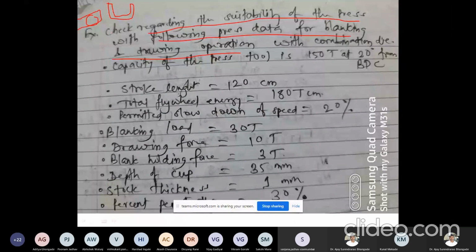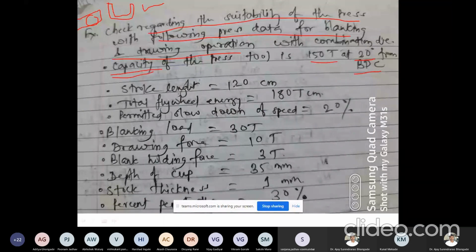So for this particular operation of drawing, which involves blanking and drawing, we have to see whether the press we are going to use is suitable or proper or not. The capacity of the press tool is 150 ton at 20 degree from BDC. I told you this gives the force of the press tool at a particular angle. This is the capacity or rating of the press.